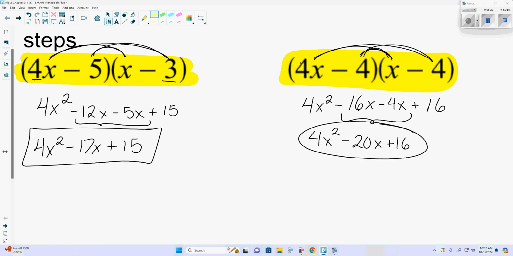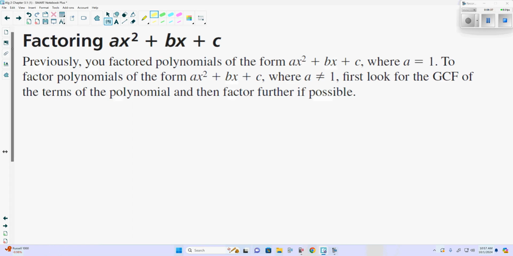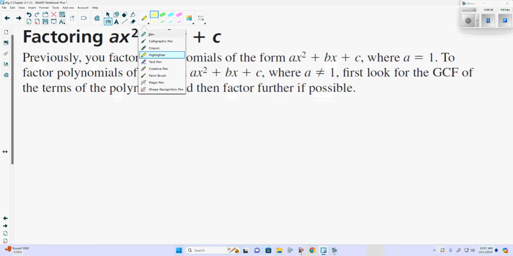They are factored. So what we're going to be given, the quadratic, is in standard form, our ax squared plus bx plus c, and we want to get it back to factored form, our two sets of parentheses.